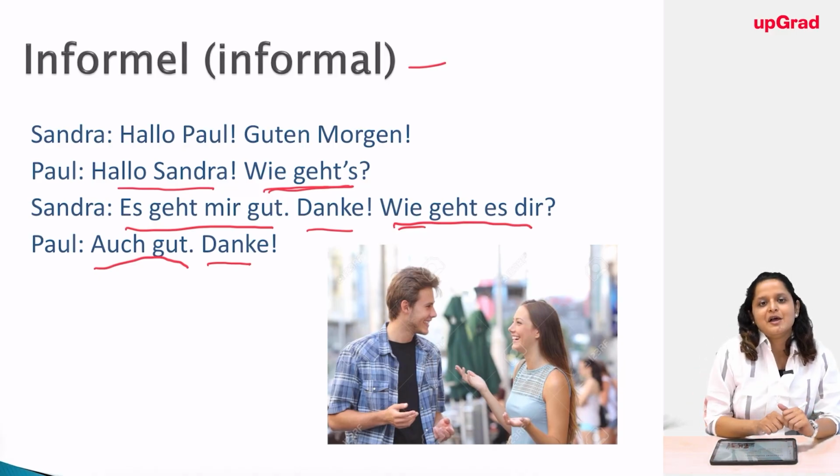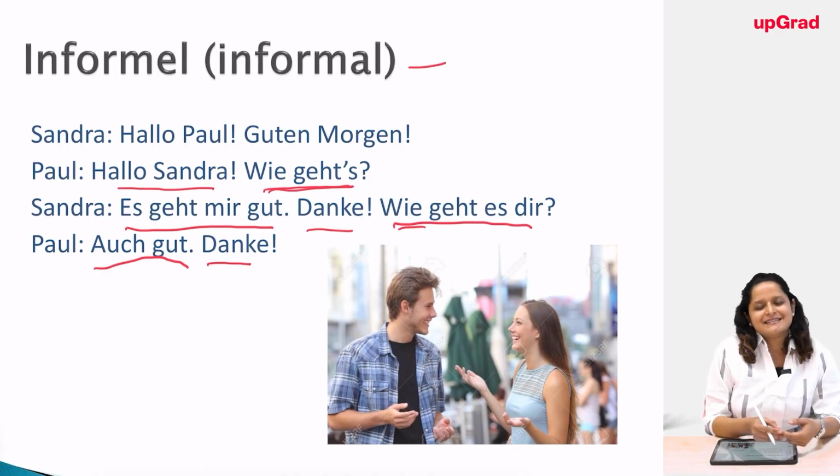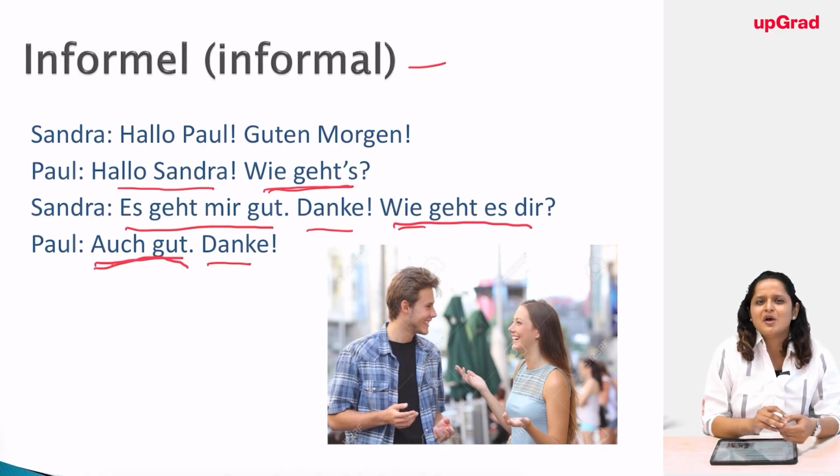For example, when we say an es geht mir gut, it is a complete sentence. But that's not always required if I'm sitting in a restaurant or I'm sitting in a cafe with my friends. So I can simply say auch gut, as we see here, which means, yeah, I'm doing well as well, or also fine, which shortens the conversation in a way.